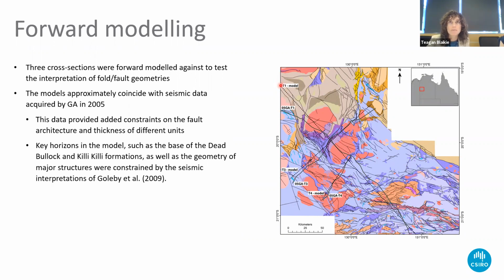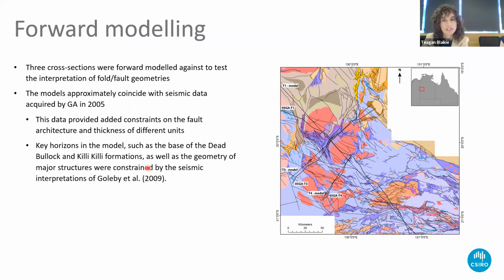So we aimed to integrate both the seismic data and potential field data to look at this fault architecture, differences in unit thickness, the presence of any repetition of units to better understand deformation mechanisms or characteristics. And then also look at the units of the Tanami group, including Dead Bullock and Callie formations, to compare to these earlier interpretations.